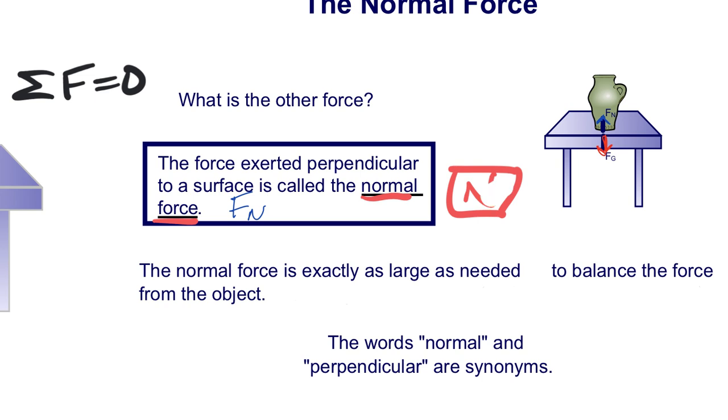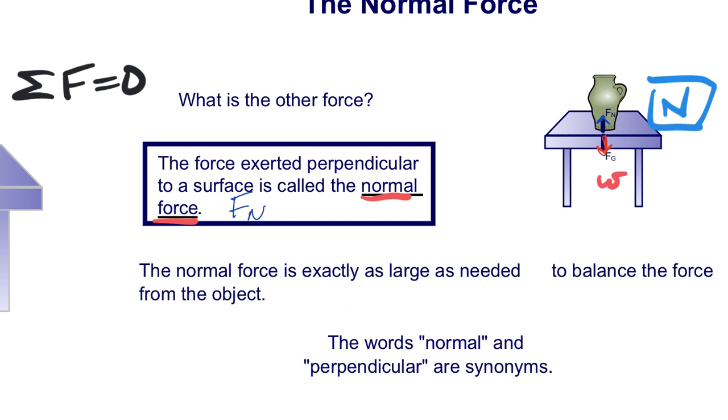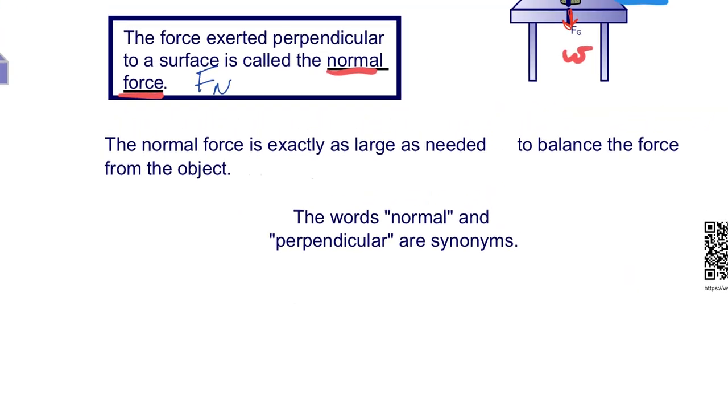That's a math term. Okay, so we got that. The normal force pushing up is equal and opposite to the weight pushing down. And that means the vase is in equilibrium, which means either it's at rest or moving with constant velocity. In this case, it's at rest.